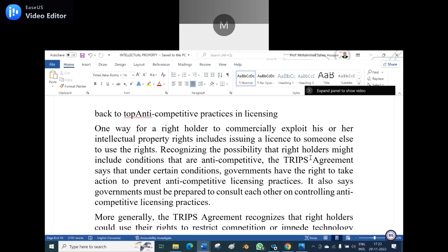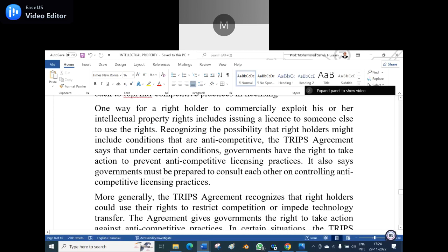So one way for a right holder to commercially exploit his or her intellectual property is to ask the government for a license, and it is a right he has. Once the government has issued the license, he has the right to manufacture it. But no other person can manufacture the same item with the same combination. Right holders might include conditions that are anti-competitive, but it should not be against competition.